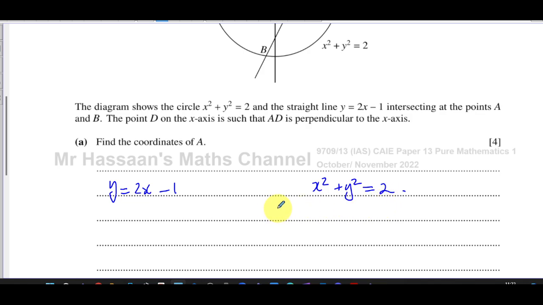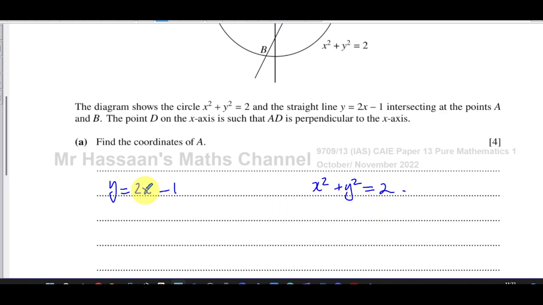I like to think of it as finding where these two functions intersect, the point of intersection, by substituting one of the equations into the other. That's a far more comprehensive way of understanding and carrying out such a question. It will help you not get confused.